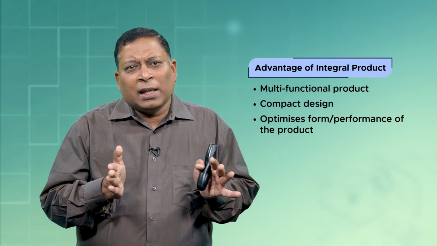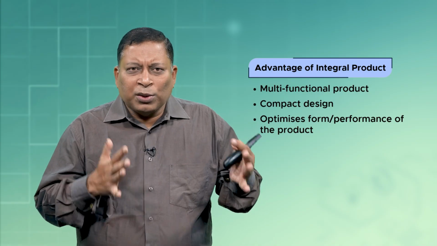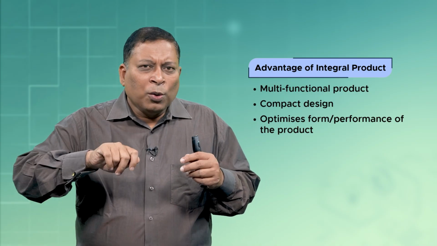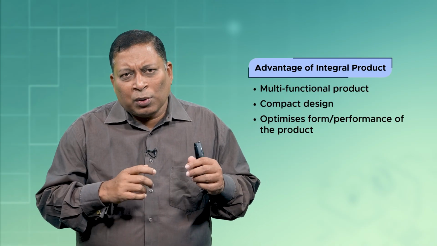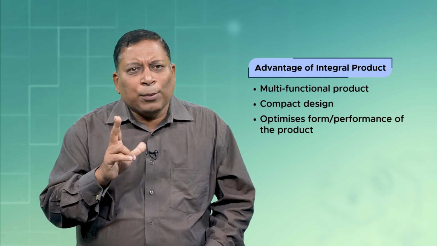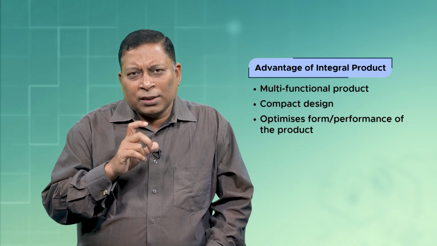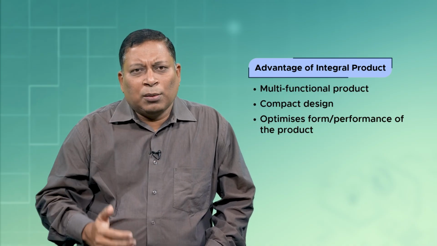You will have a condensed laptop because I am using an integral product architecture. If I use a modular architecture which can be opened and assembled and so on, then you cannot have this size. Mobile phone, you cannot have this size with a modular architecture. Integral architecture helps us with these choices.